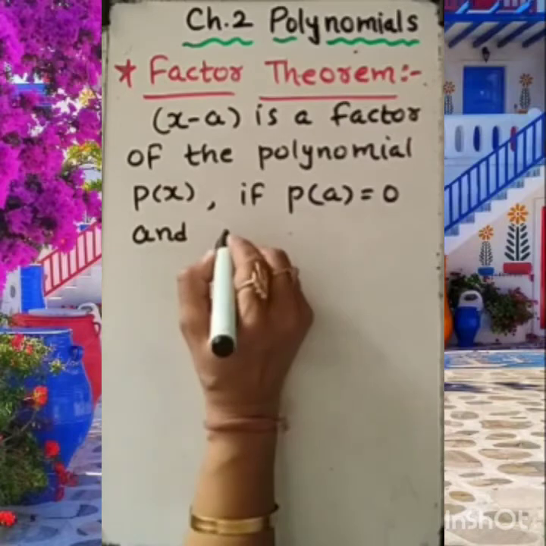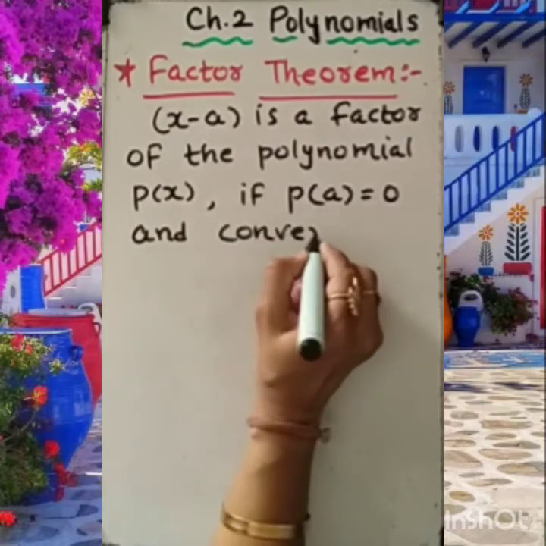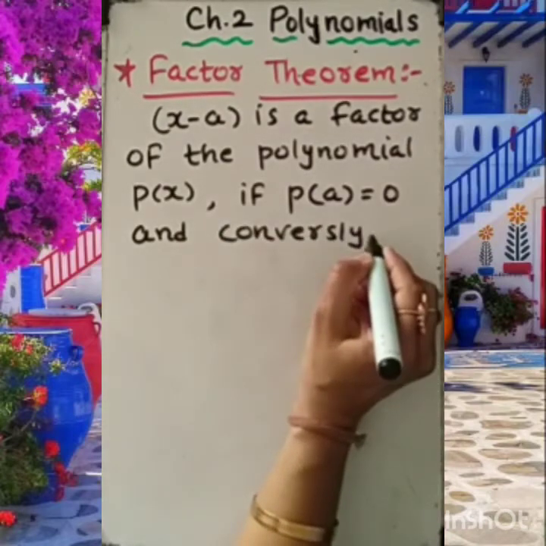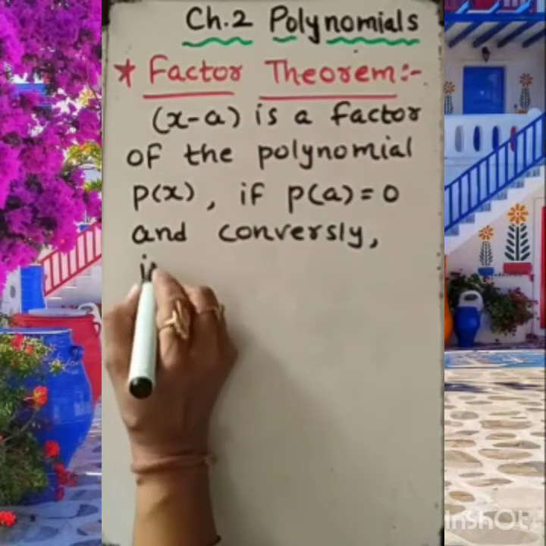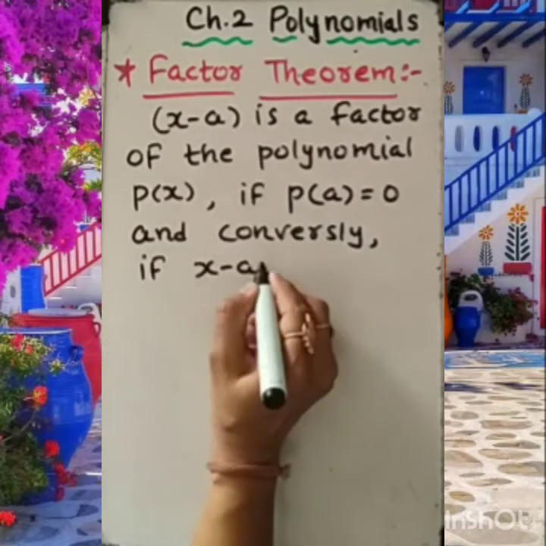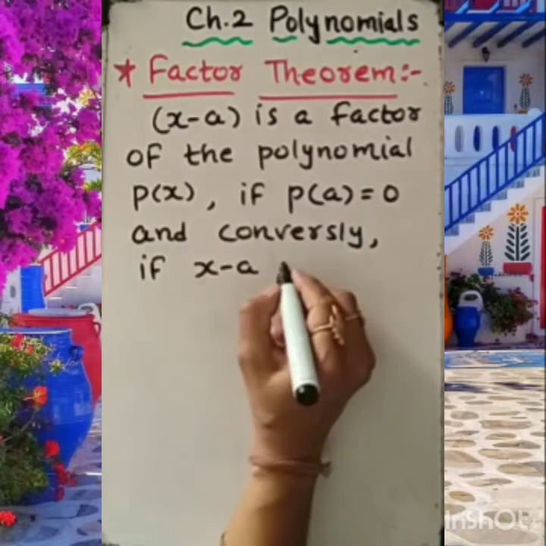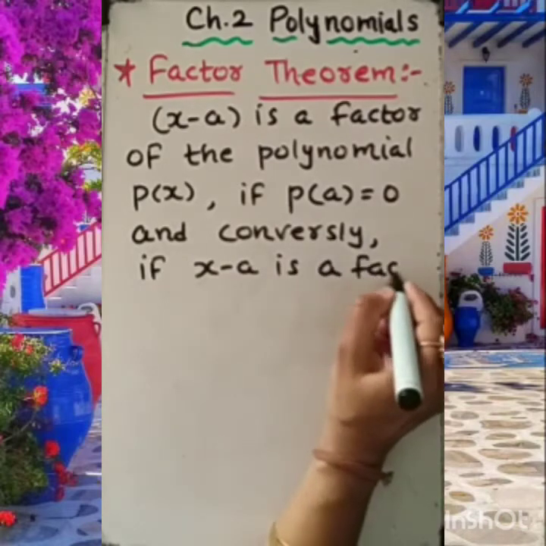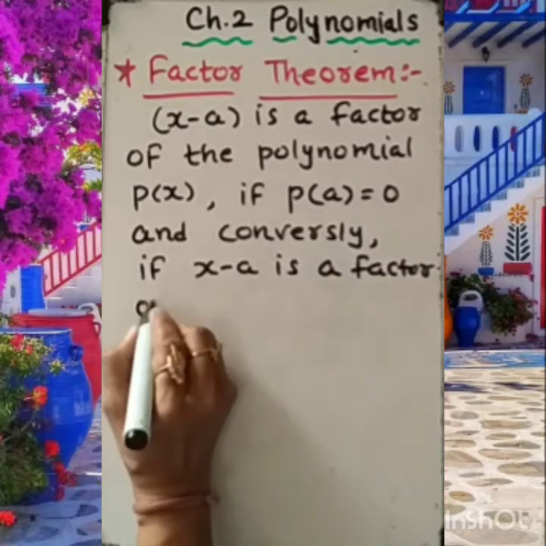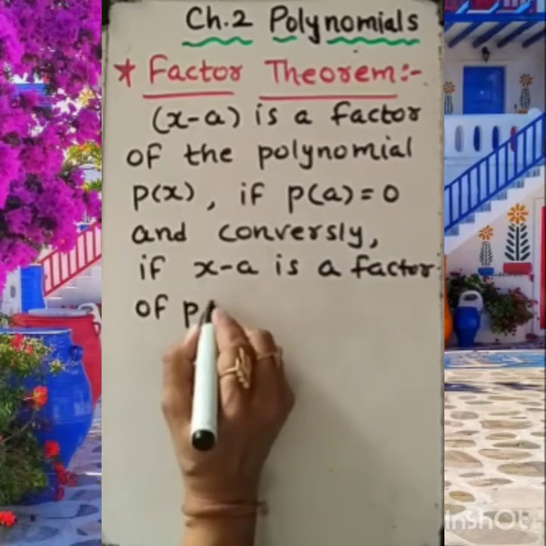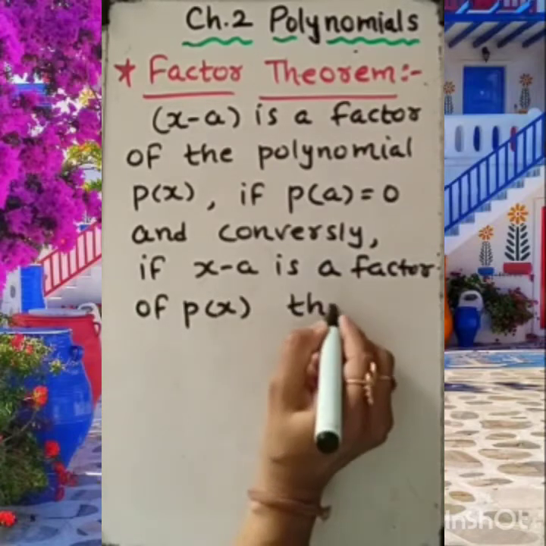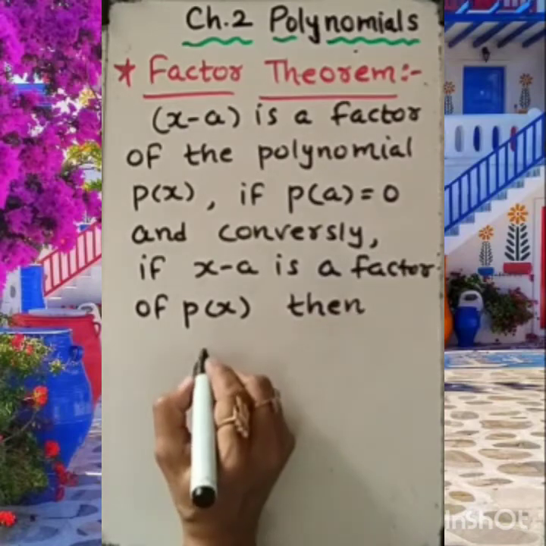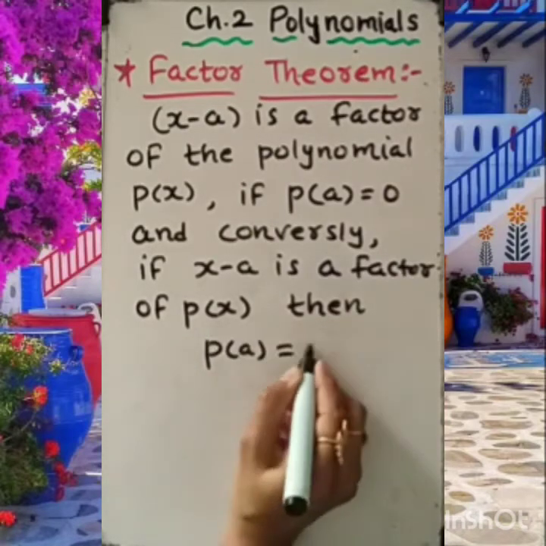and conversely, when we are reversing the process, if x minus a is a factor of p(x), then we can say p(a) equal to 0.